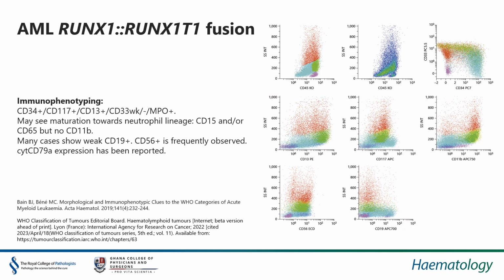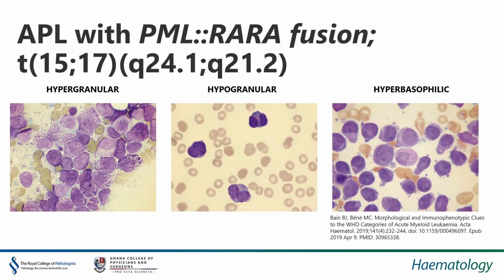Something else which is a bit more of a clinical emergency is acute promyelocytic leukemia. Now, a distinction must be made between cases of acute promyelocytic leukemia with classical morphology and with variant forms. Classical APL has hypergranular promyelocytes, some of which may contain multiple Auer rods, and also giant granules can be present.